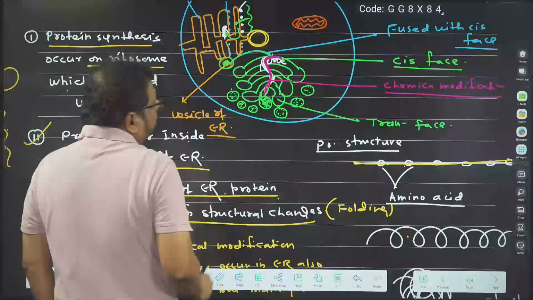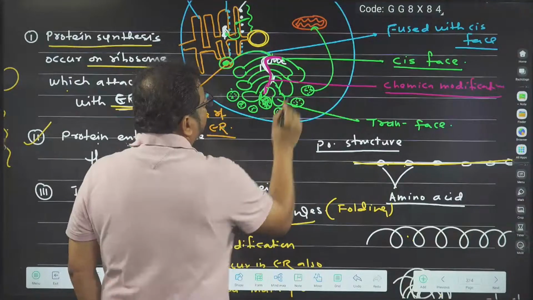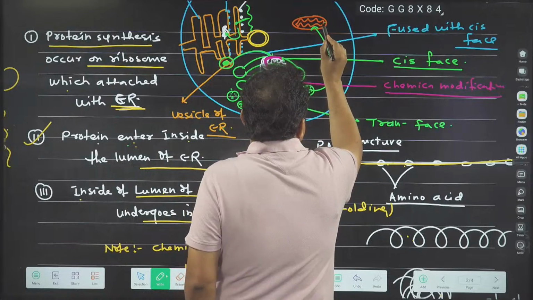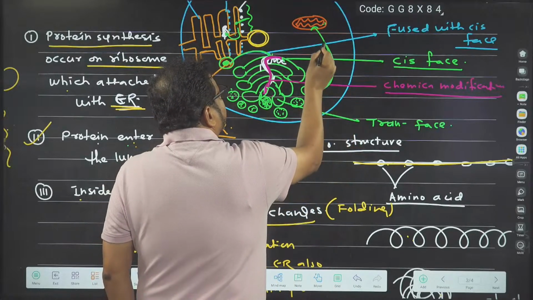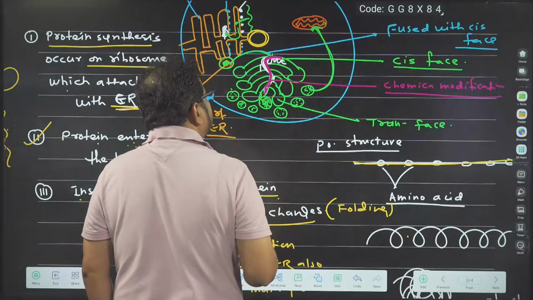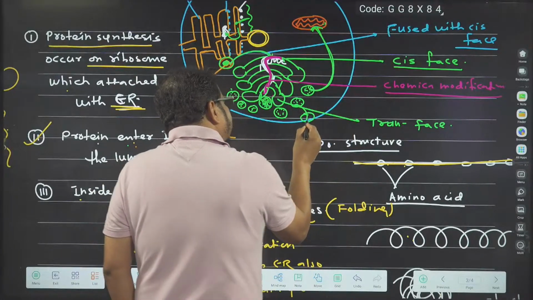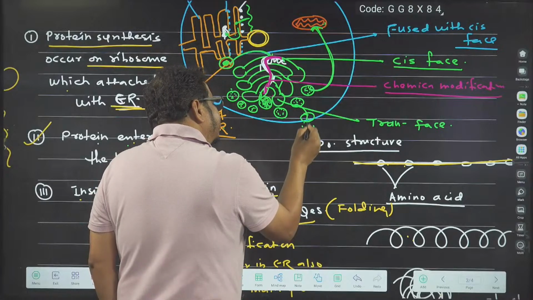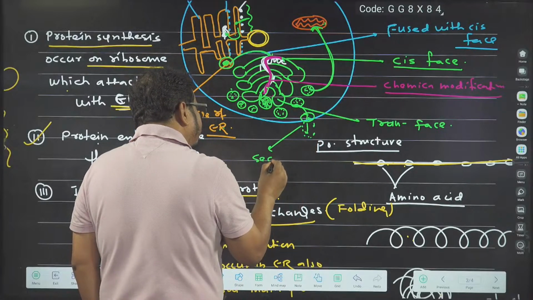Some of these packed vesicles fuse with a cell organelle. It is called an intracellular target. This is mitochondria, where the macromolecule is transported to an intracellular target. If it fuses with the cell membrane, it releases these macromolecules outside. It is called secretion.